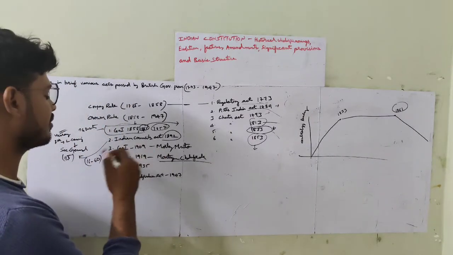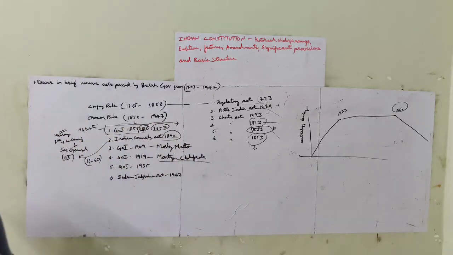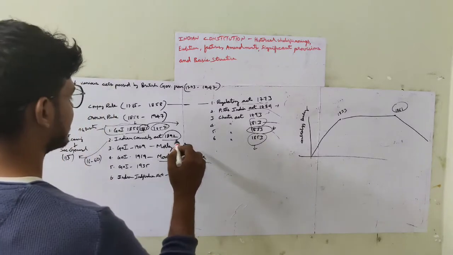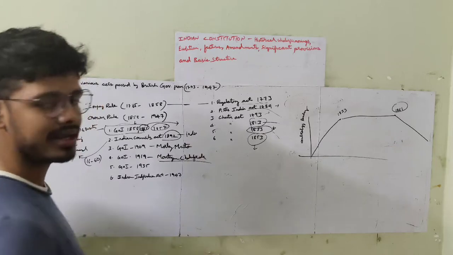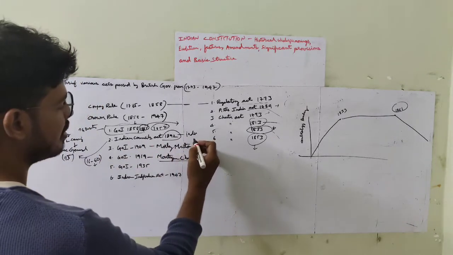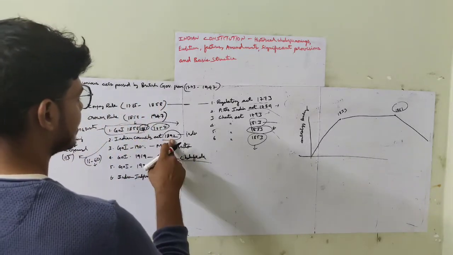Through this act, it was increased to 60, and indirect elections were used in this act. Okay, indirectly, the word election was not used, but whatever members are there, 60 members got elected indirectly. This is all about the Indian Councils Act 1892.